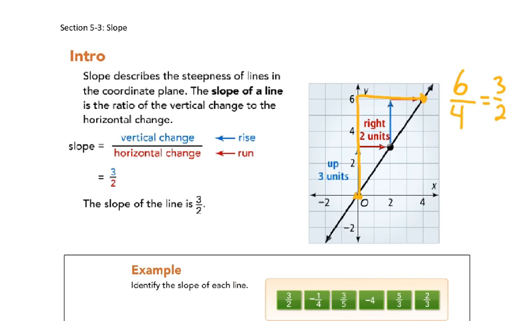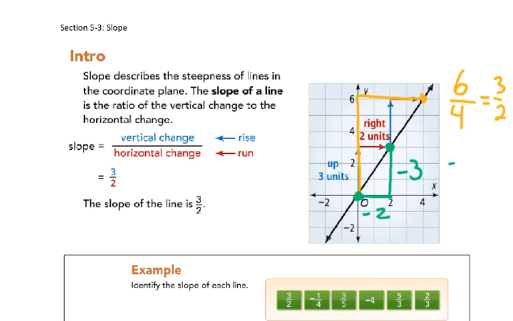What if I went from this point here to this point here? I would go down 3, and I would indicate down with a negative, and then I would go left 2, and I indicate left with a negative.